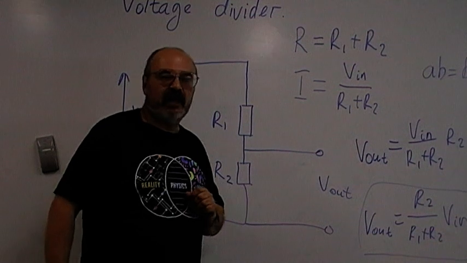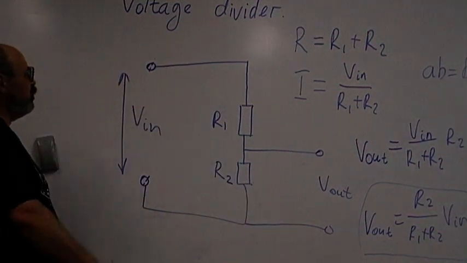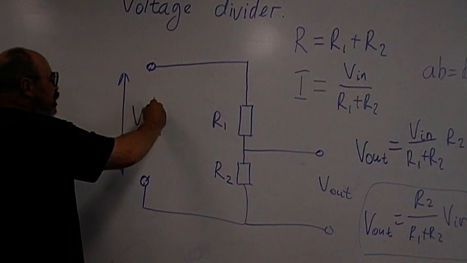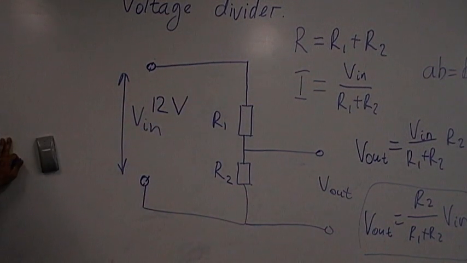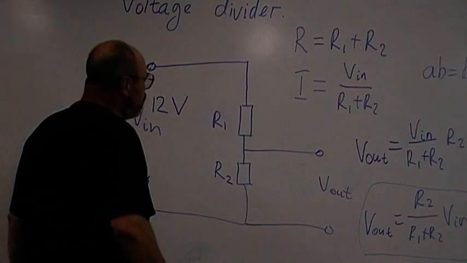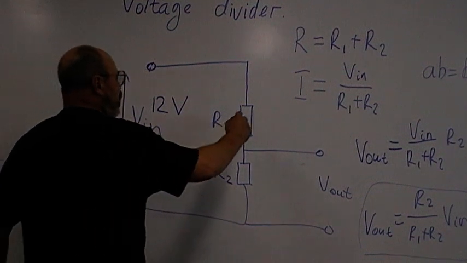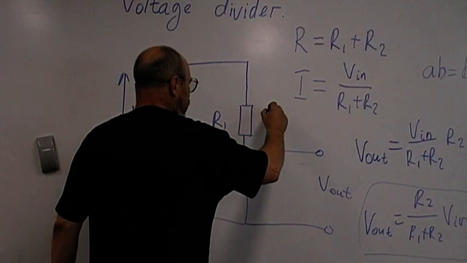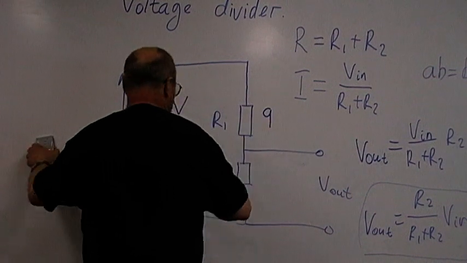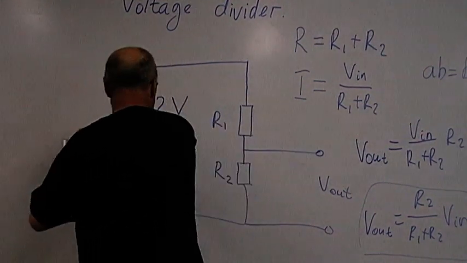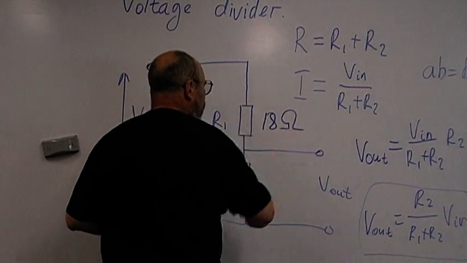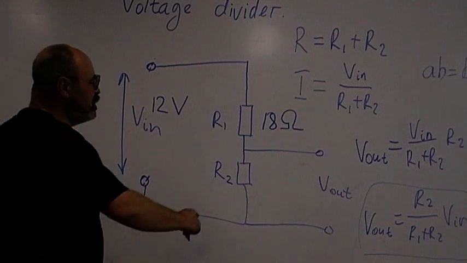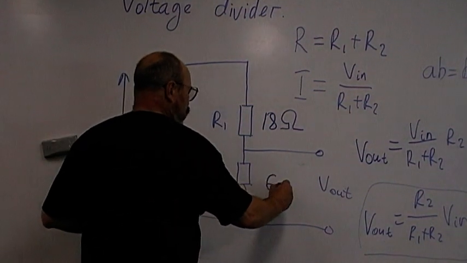Now let's consider the next example. Let's say voltage in is 12 volts, R1 is 18 ohms, and R2 is 6 ohms.